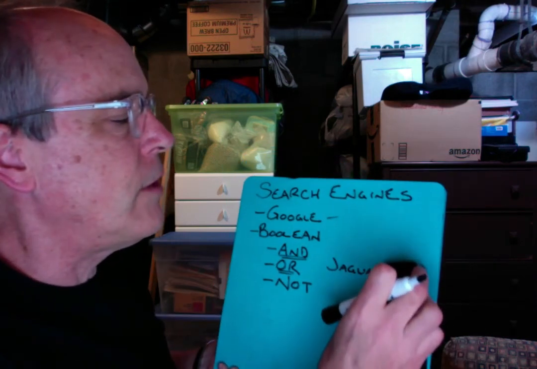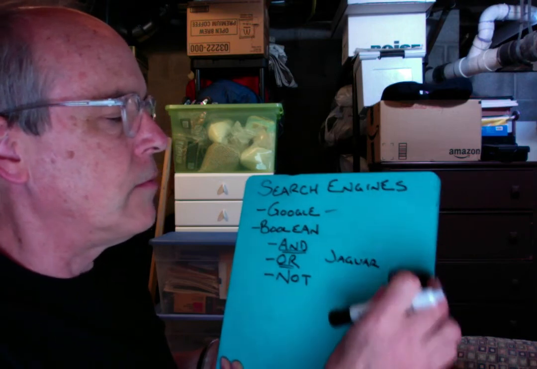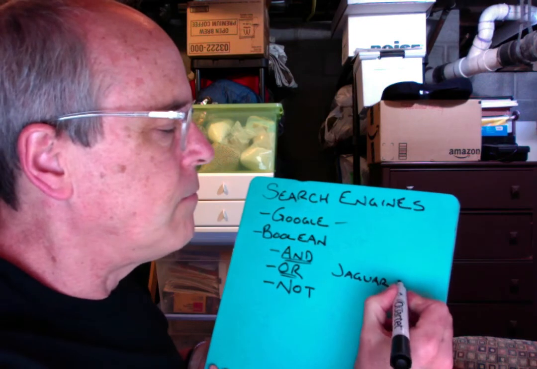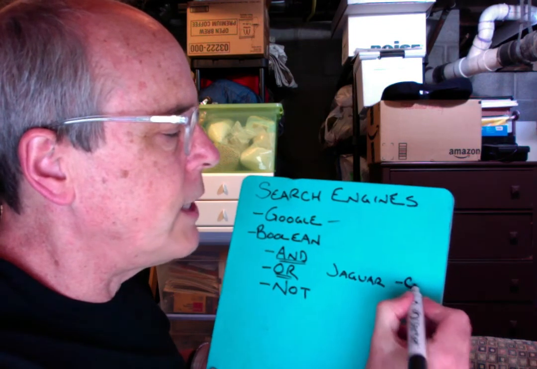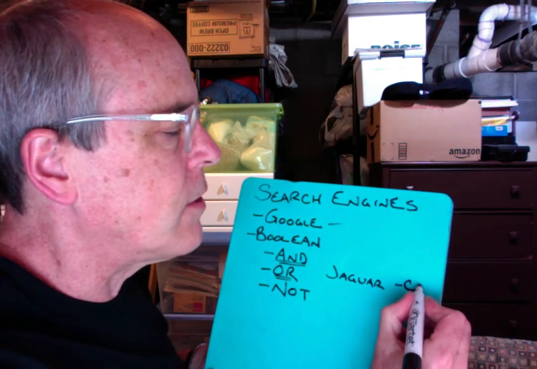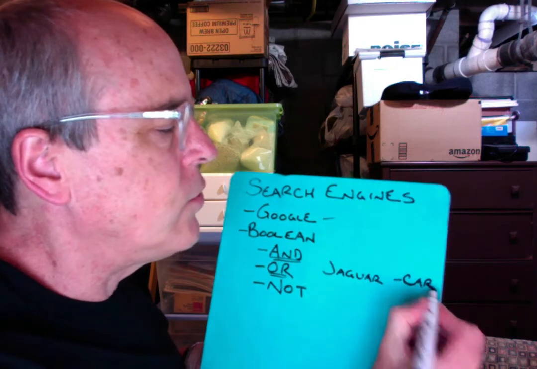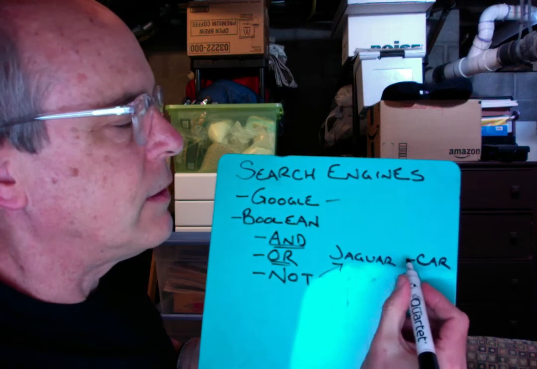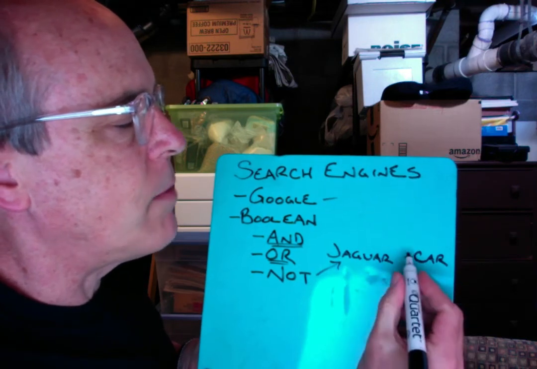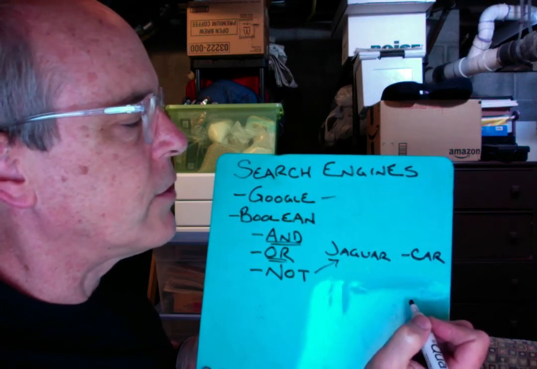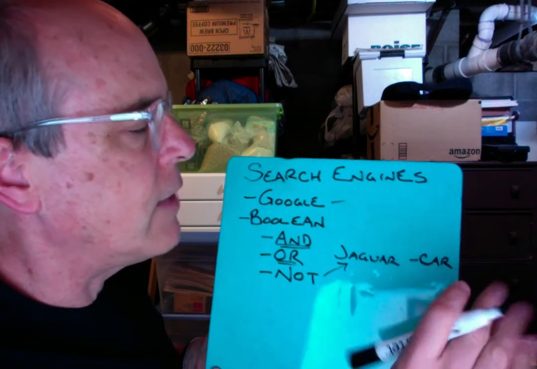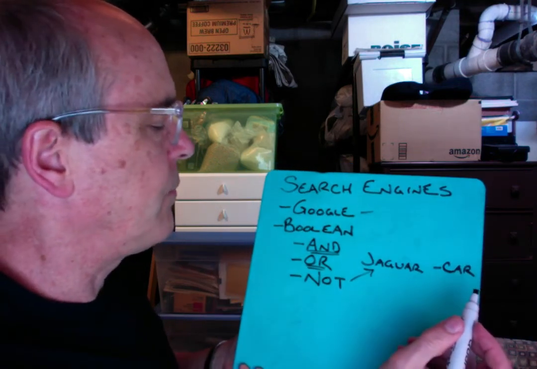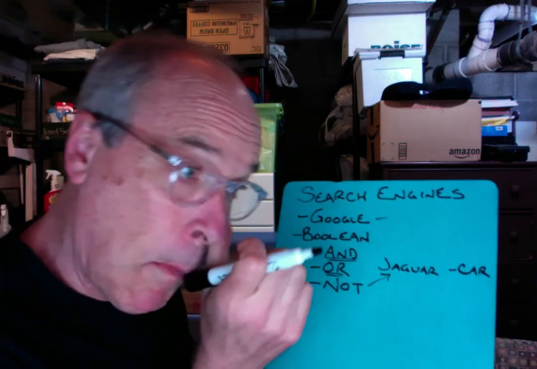Now, different search engines will have different systems for using these Boolean operators. I think what happens currently on Google is instead of NOT, they have a minus sign. If you put a minus sign just before a term, it will not give you any websites that include that term in it, right?